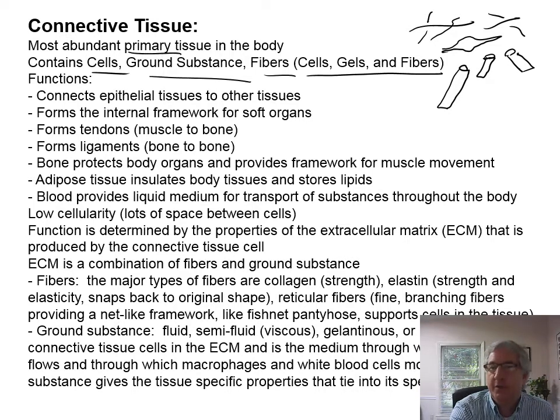So you have cells. This is a cell right here, and here's a nucleus for it. So you have cells and fibers, and then all around it, let's go to a different color just for fun, let's do blue, you have gel all around this.